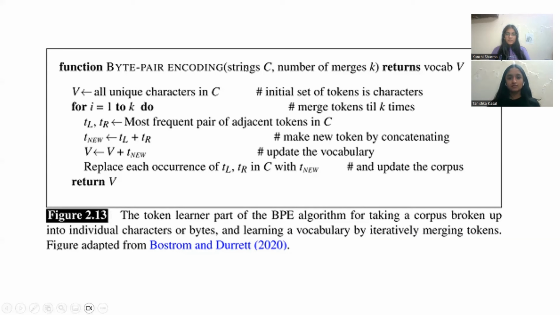So we merge TL and TR and convert them into a new token. Then this T new is added to our vocabulary. Here we can see that we replace TLR by this new token T new, and we update our corpus.